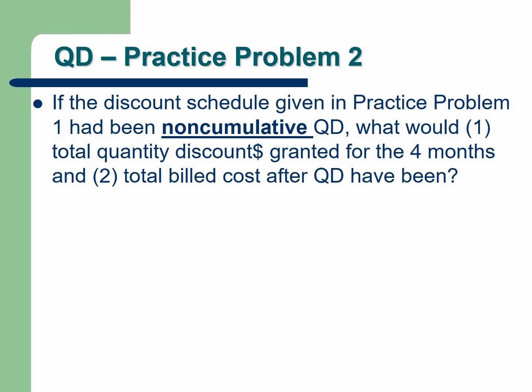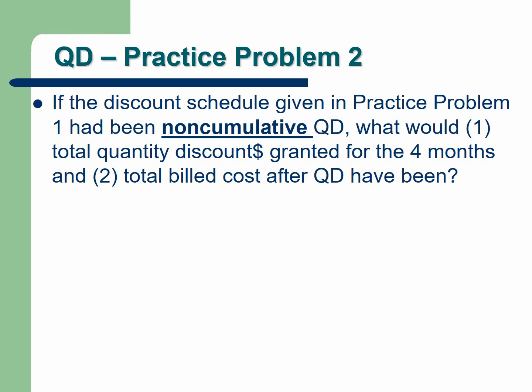Okay. So this question now changes the circumstance a little bit, so that the quantity discount is non-cumulative. That means each single order will be reviewed separately, right? So for each single order, you will have to check with the discount schedule and see if that order is applicable to any of the discounts.